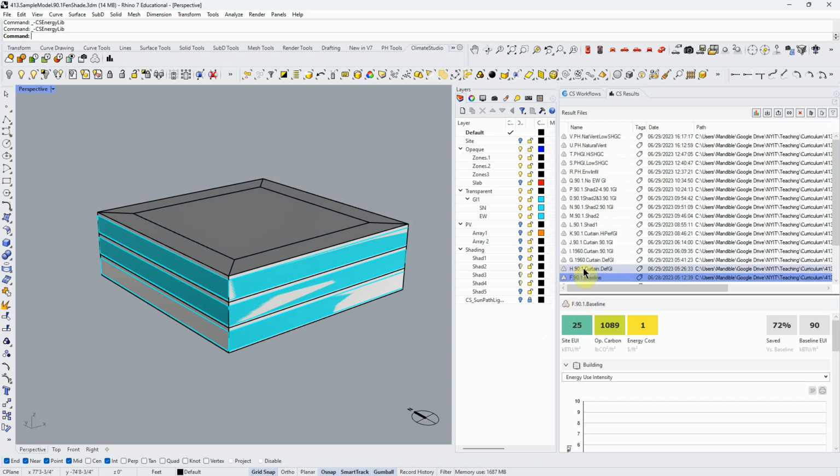I went back and added that same glass to our original 1960s envelope just to see the difference, and if you measure, this is 248 to 259, it's still about the same EUI, in terms of the percentage it's really not very much.